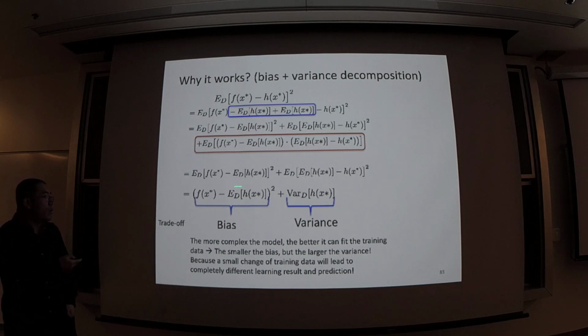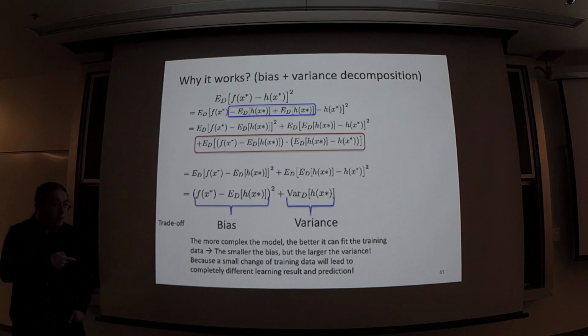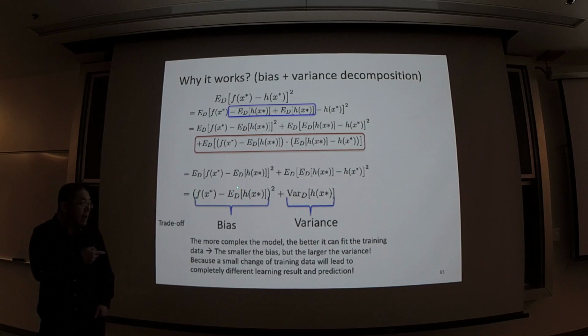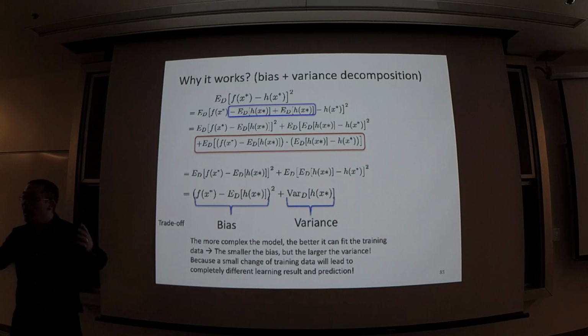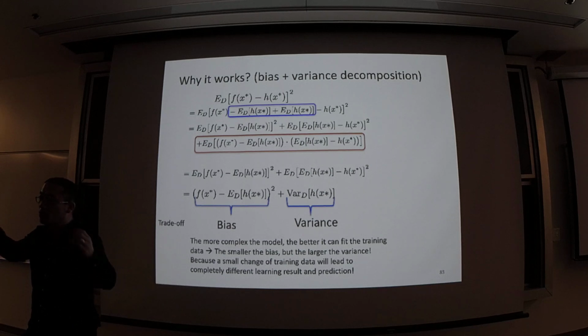But in the meantime, what about their bias? Remember, bias computes the difference between your ground truth and the expected prediction. Expected means I use all kinds of training sets to train my classifiers.